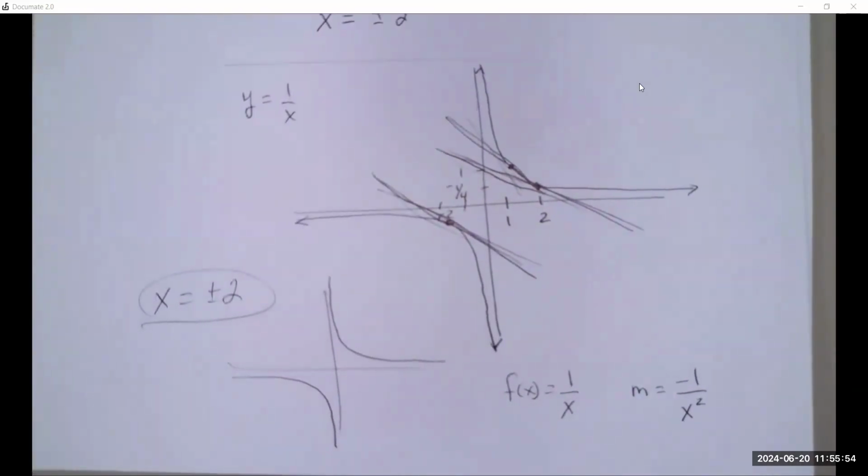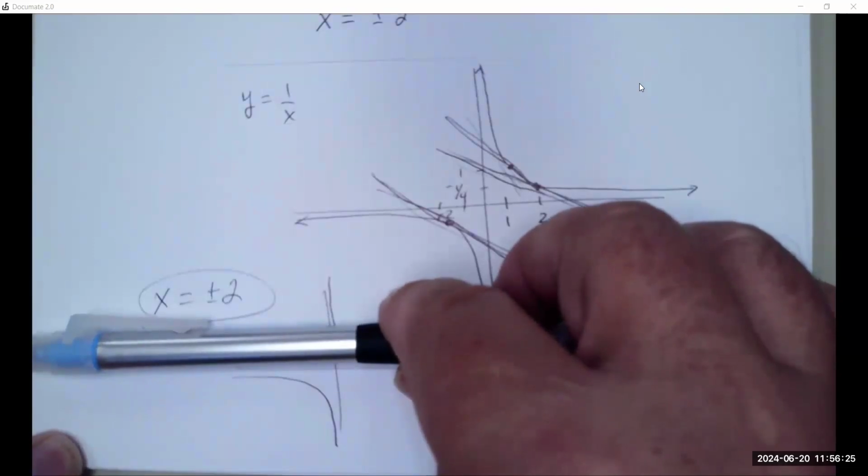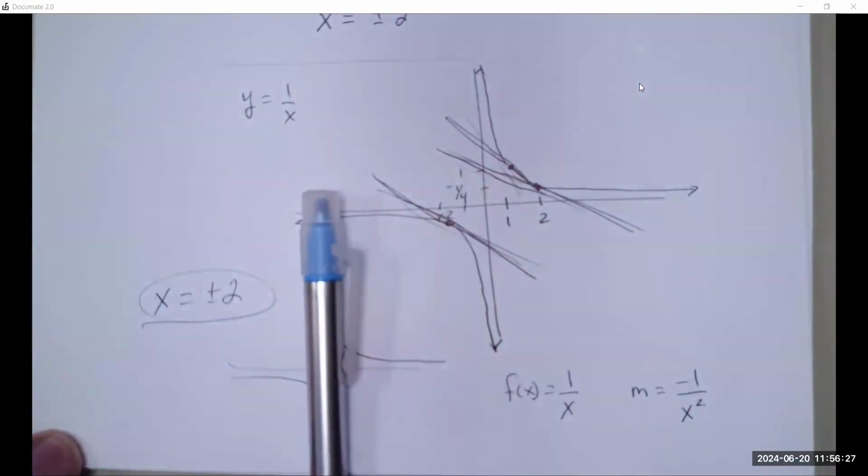So what do we notice about that? It's always going to be negative, because no matter what you put in there for x, when you square it, it becomes positive. So it's always downward, but it goes from near horizontal to near vertical.